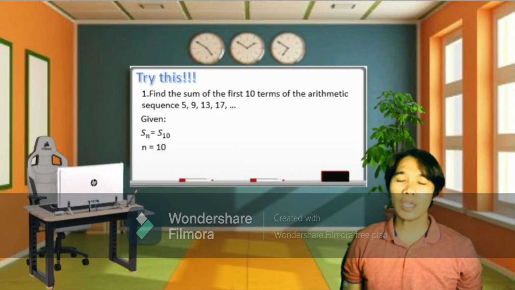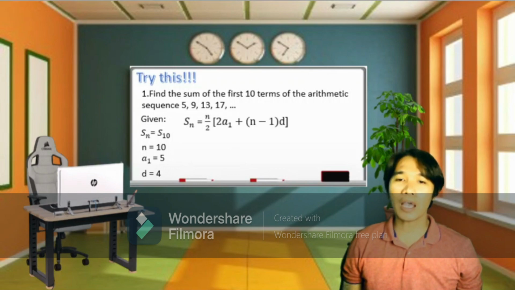So n is equal to 10. Then a sub 1 is 5. The common difference is 4, wherein we subtract 9 minus 5, that is 4. 13 minus 9 is also 4, and 17 minus 13 is also 4. So that is the common difference.